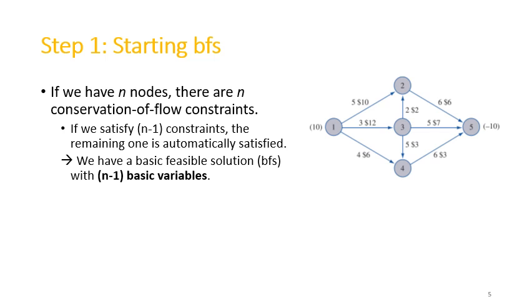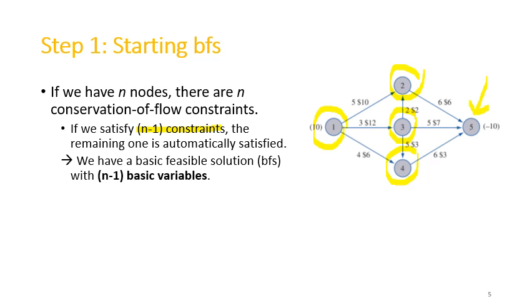However, it turns out that if we satisfy n-1 constraints, the remaining one is automatically satisfied. If you satisfy the net supply constraints for nodes 1, 2, 3, and 4, then the conservation of flow constraint for node 5 is automatically satisfied.